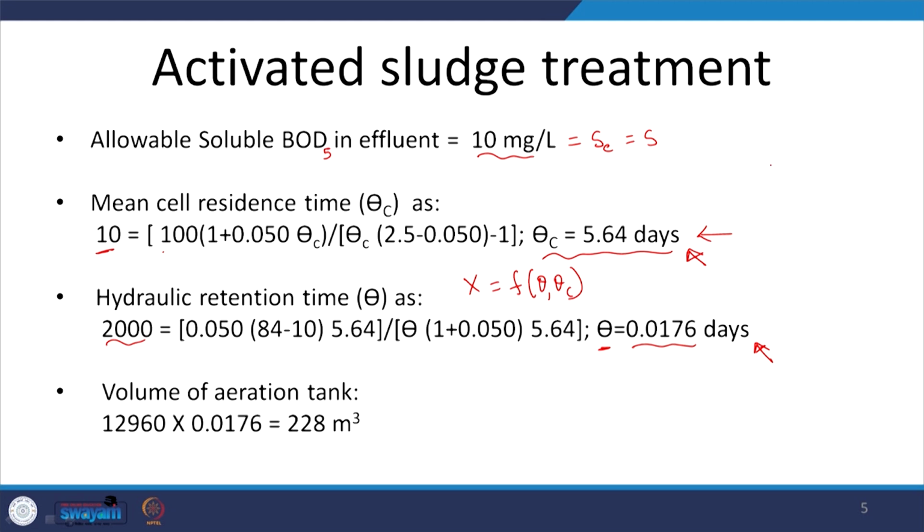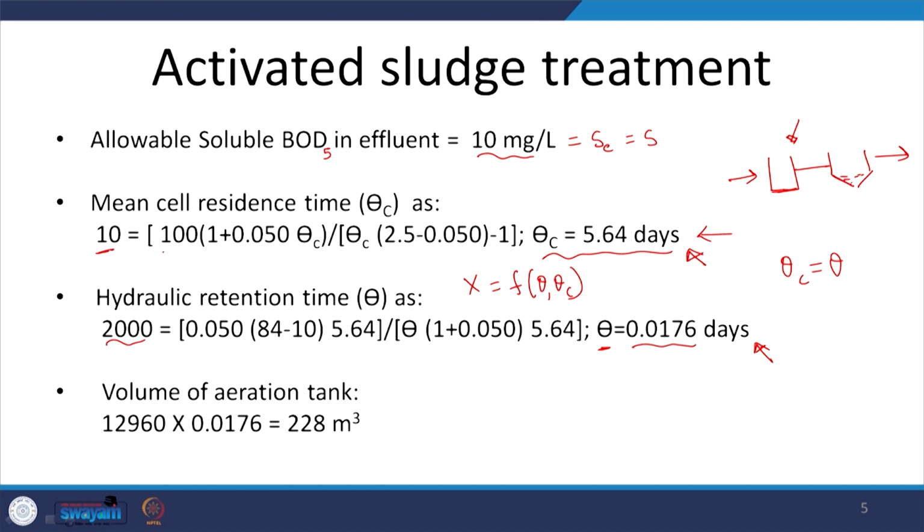Why is this feasible? Because in our system, if this was the case, both theta c and theta would have been equal, but because we want lesser volumes, right, and good level of removal, while ensuring that the volume of the tank is less, what are we doing?